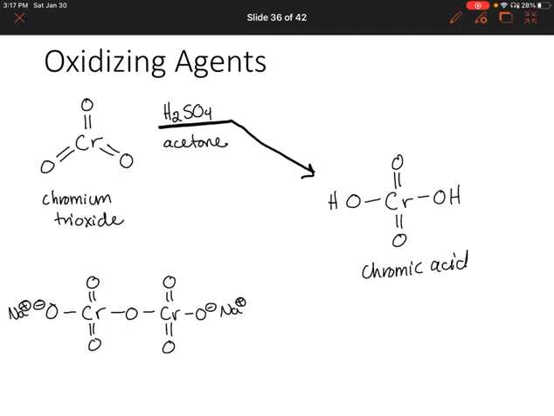So this has 2 sodium atoms on either side of the molecule, and those are just balancing the charge on the oxygens on either end. So the chemical formula for sodium dichromate is Na2Cr2O7.